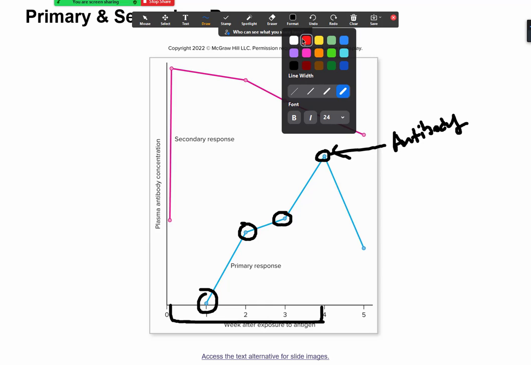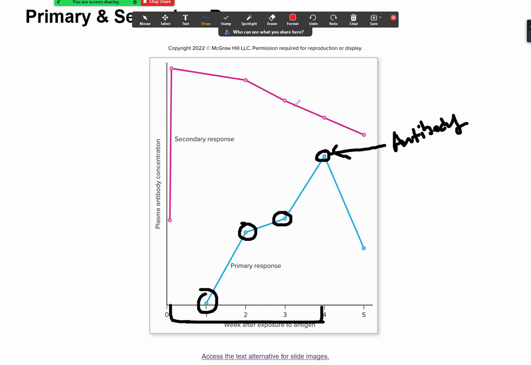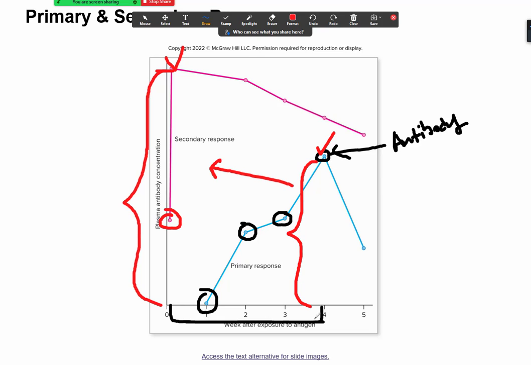Well, if you get a booster shot, if you get a vaccine, what you're doing is you're getting this entire graph to become like the red graph. So instead of having this long 4-week time, you start off literally almost at this point rather than at that point, right? So you get that much more antibodies of fighting power versus that much, and it takes 4 weeks, right?